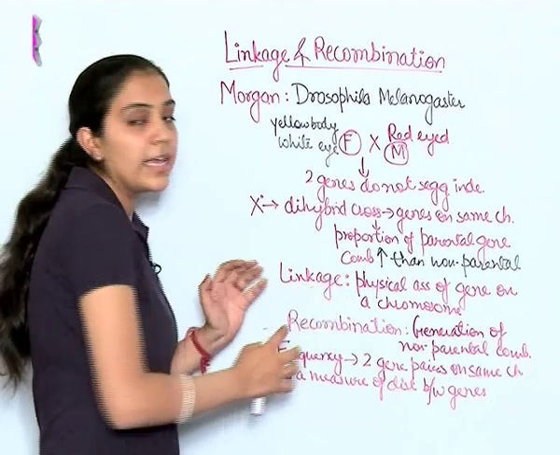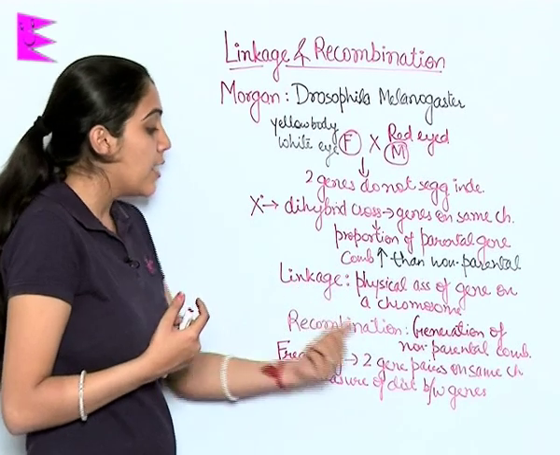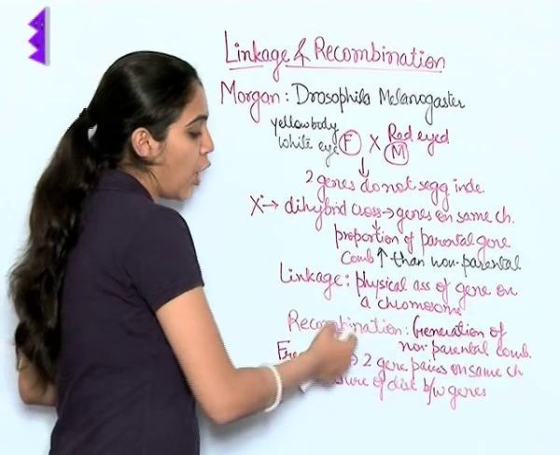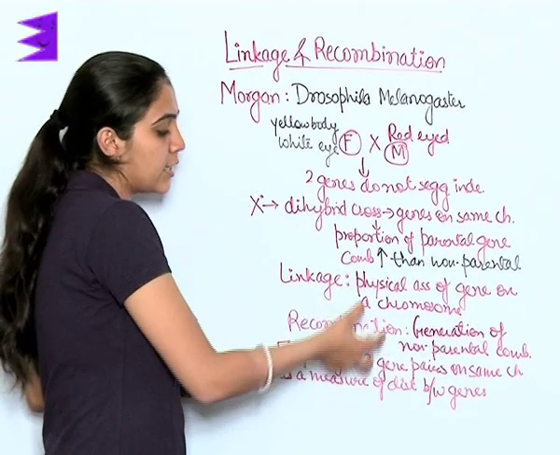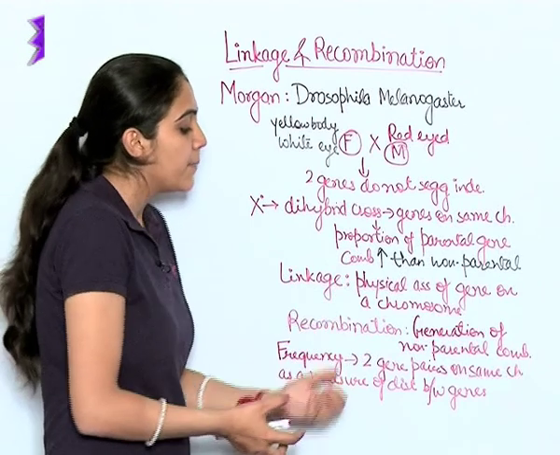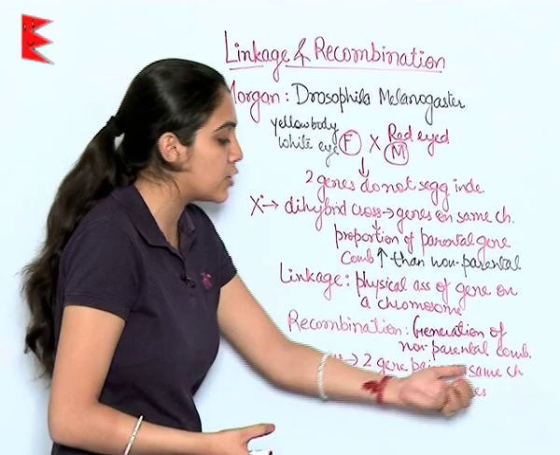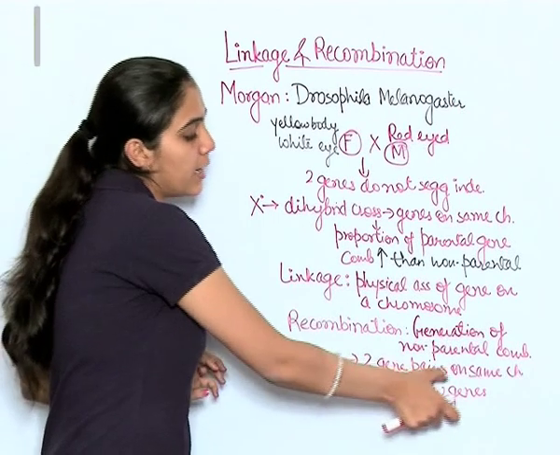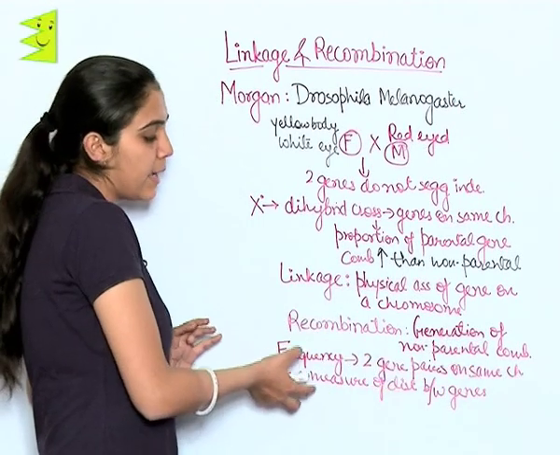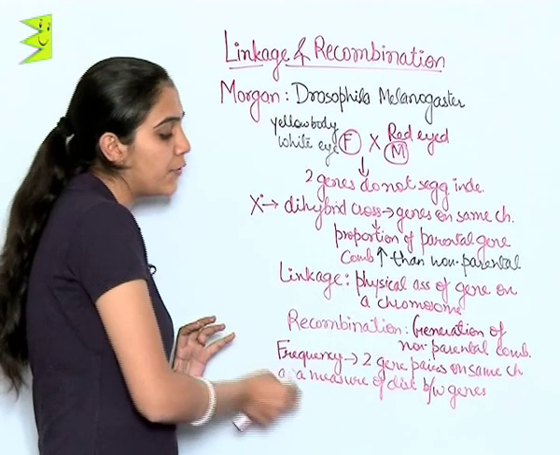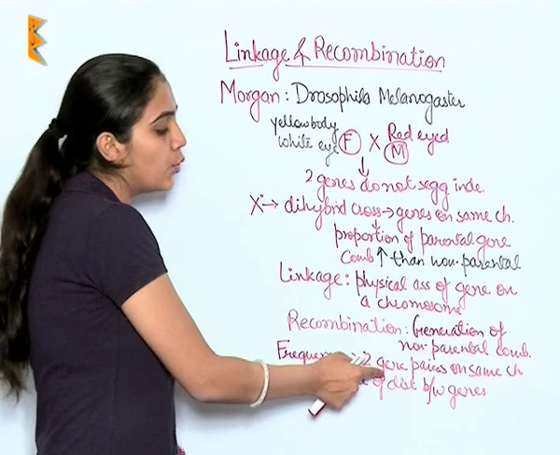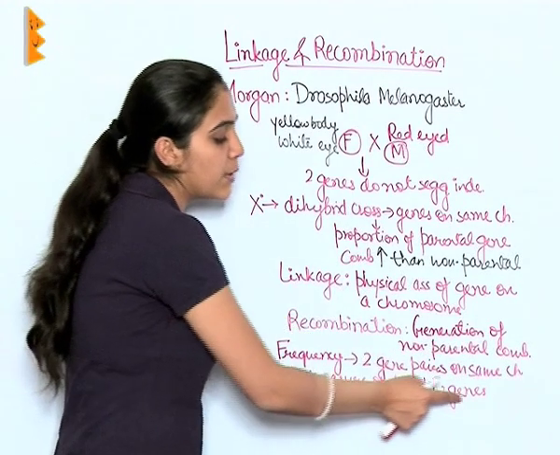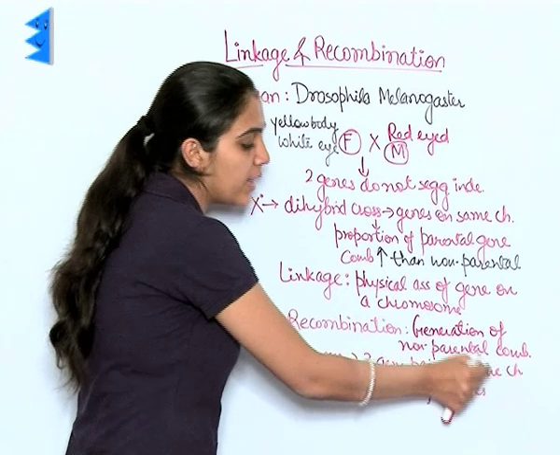Now his student further studied and found that the frequency of recombination of two genes or traits depends upon how the two gene pairs on the same chromosome are located. He measured the distance, and the frequency of recombination was a measure of the distance between the two genes on that chromosome.